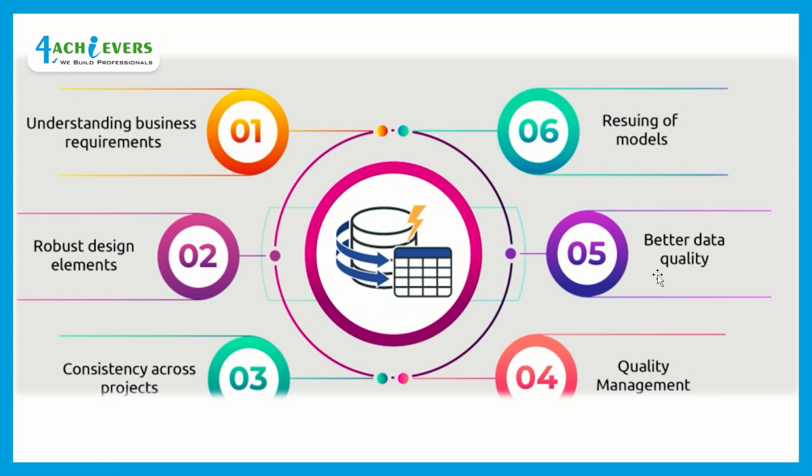Better data quality, this is a must. Again, there should not be duplicates, there should not be incomplete data, there should not be data which doesn't make any sense. These are the good signs of better data quality. Then you have quality management. This is data quality, but overall quality management will make sure that you don't lose data at any point.